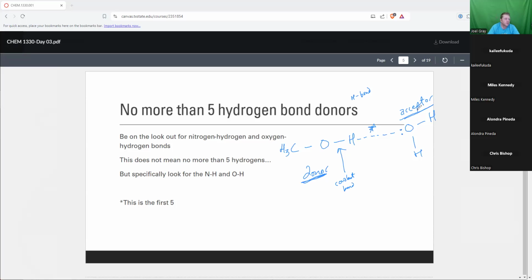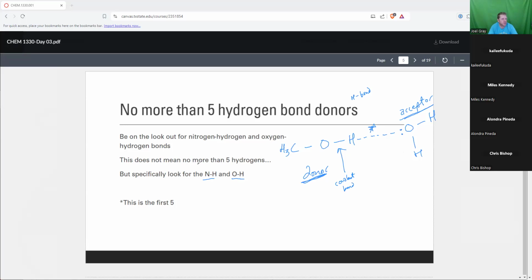So your clue should be identifying the donor or acceptor as: where is my hydrogen bond? What's it connected to? And where is my covalent bond? Now, with that in mind, the easiest thing that you can do is look for nitrogen and hydrogen and oxygen and hydrogen. That will be most helpful when it comes to identifying hydrogen bonding.